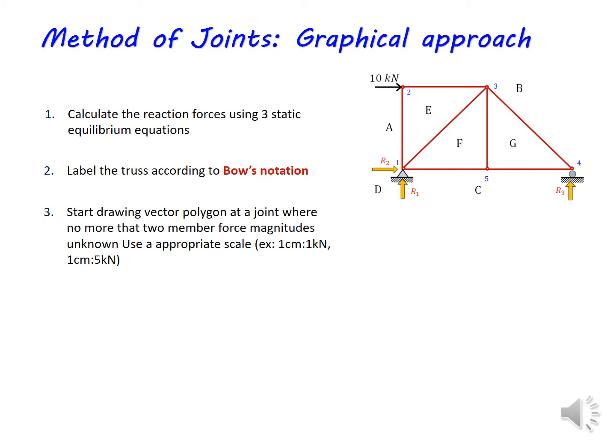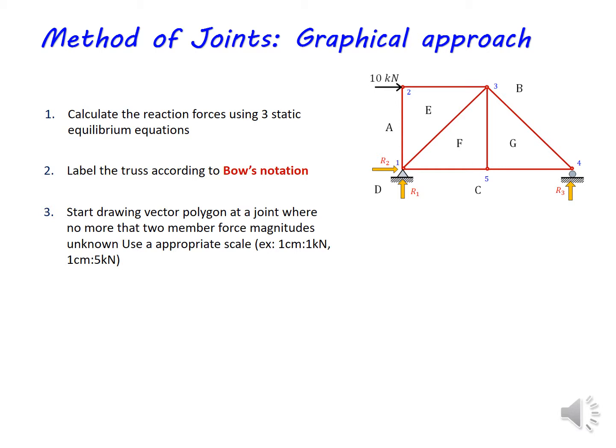Likewise, if you check the other joints, at joint 3 there are 4 unknown member forces, so we can't select it to start drawing the vector polygon. Joint 5 has 3 unknown member forces, and joint 1 has 3 unknown member forces.